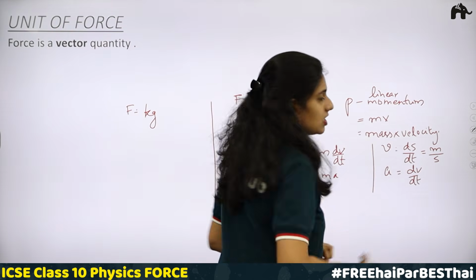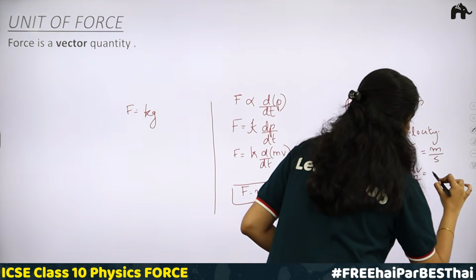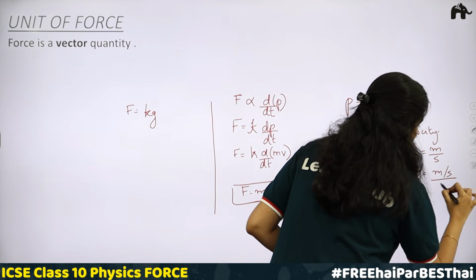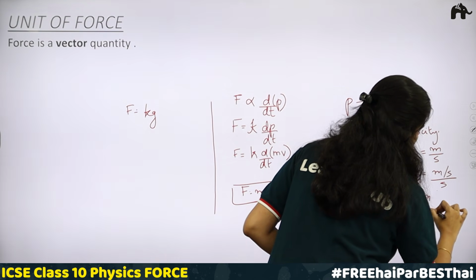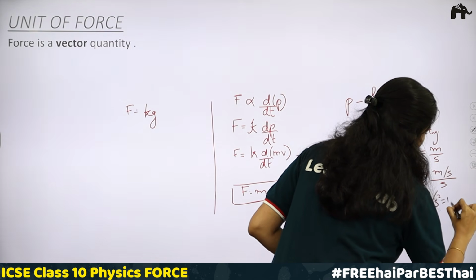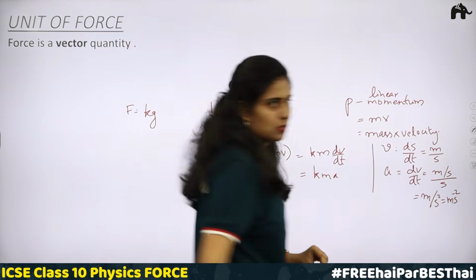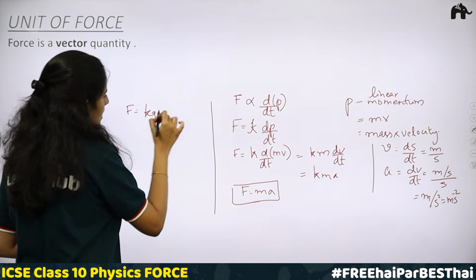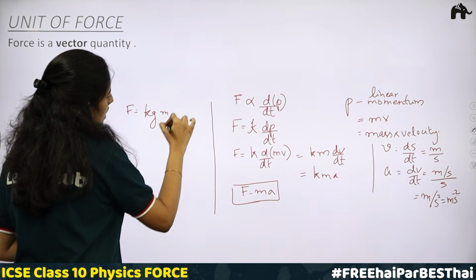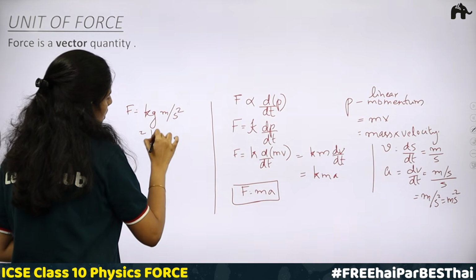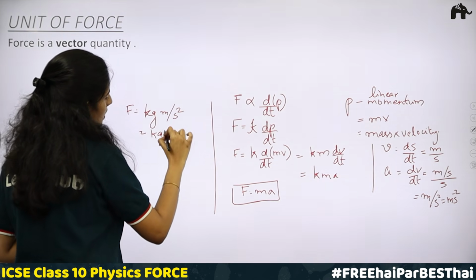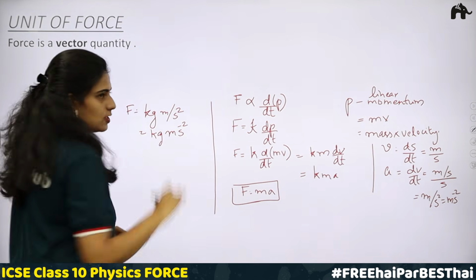Acceleration is velocity by time, that is meter per second divided by second, which is meter per second square or m s^-2. So we get kilogram meter per second square or kg m s^-2.